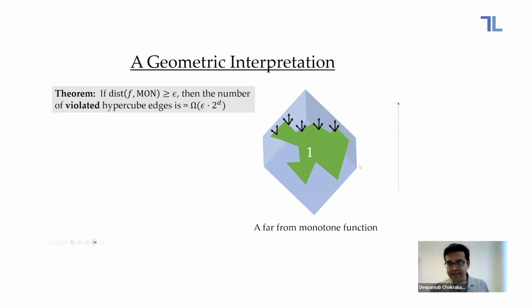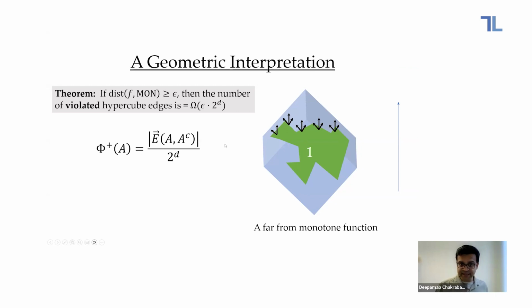And what this is saying is that if I look at the directed out-cut of this hypercube, all the edges that start inside and point outside, which are precisely the violating edges because the lower endpoint is 1 and the upper endpoint is 0, that size, that edge boundary, normalized by the size of the hypercube 2 to the d, is called the normalized out boundary of this set A. So A is the set where the function value takes 1.